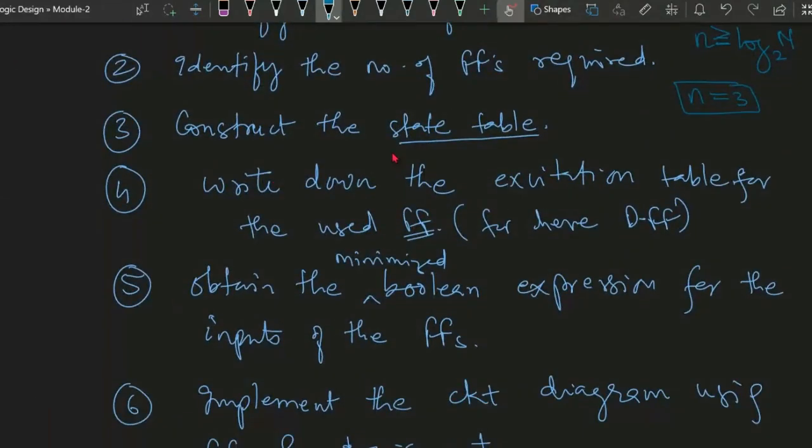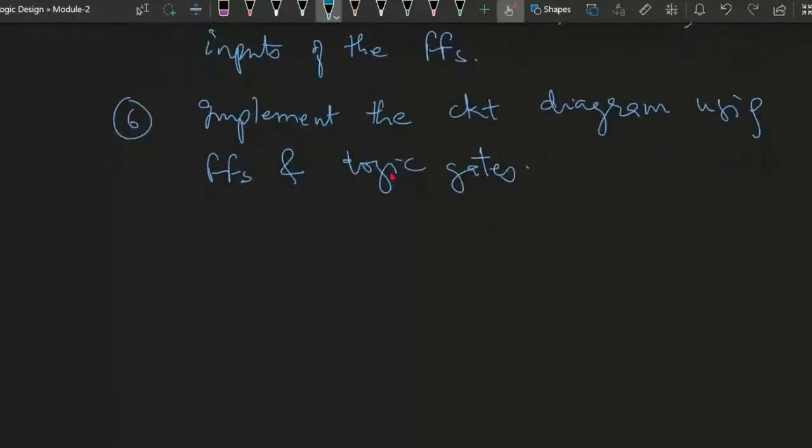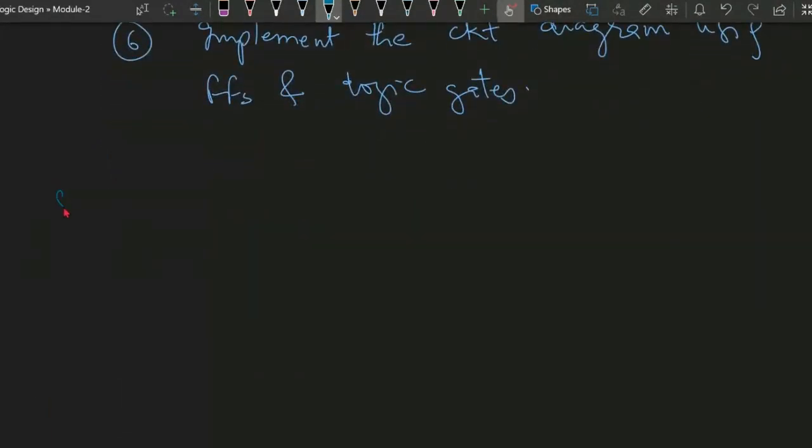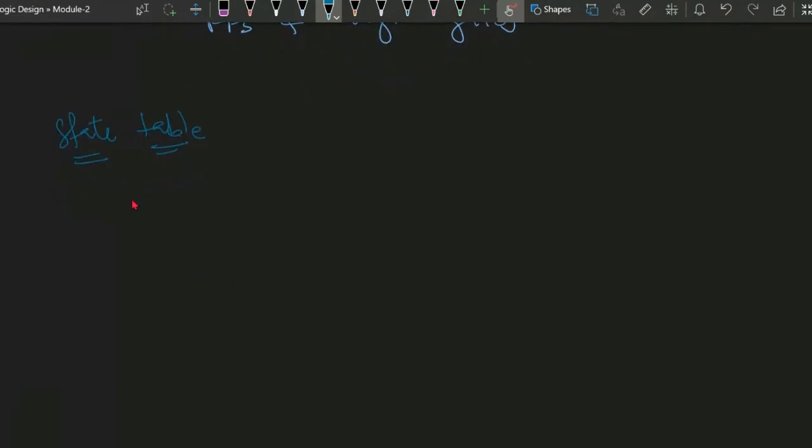So we need to construct the state table now. What terms are there in the state table? One is called the present state.